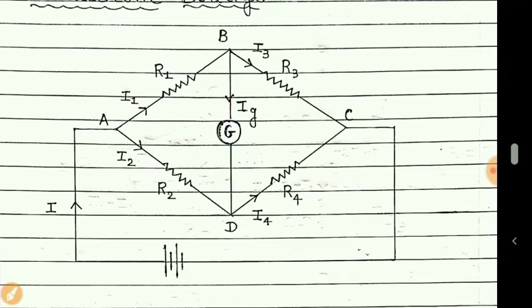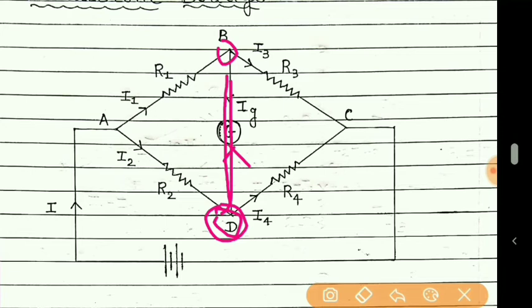But if the potential of D is larger than B, then the current will move in the upward direction, that is from D towards B, that is from higher potential towards lower. So here we have considered that the potential of point B is higher than point D, and so the current will move in the downward direction.